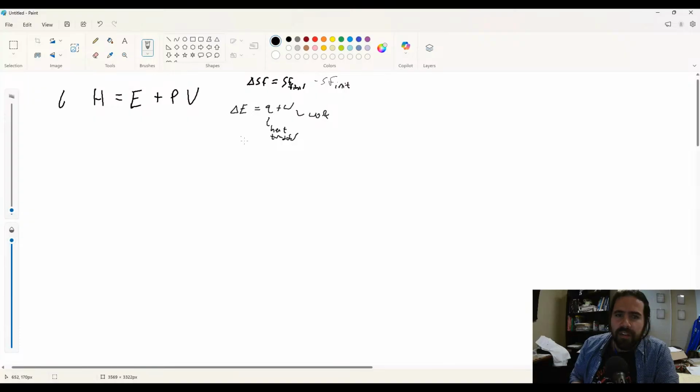The other equation that we've been working with is work is equal to minus P times delta V. Importantly, the converse is true as well. That means that minus work is equal to plus P times delta V.